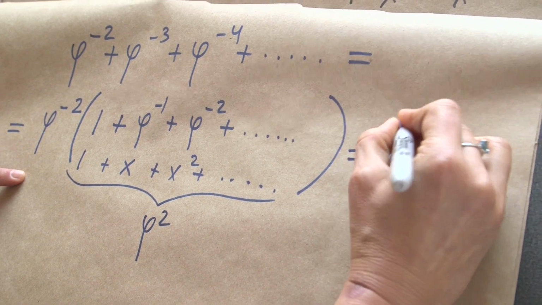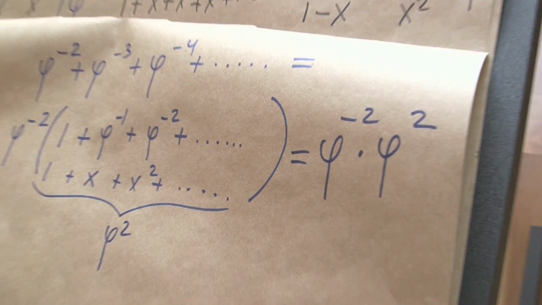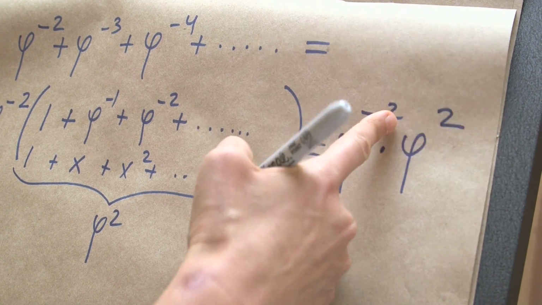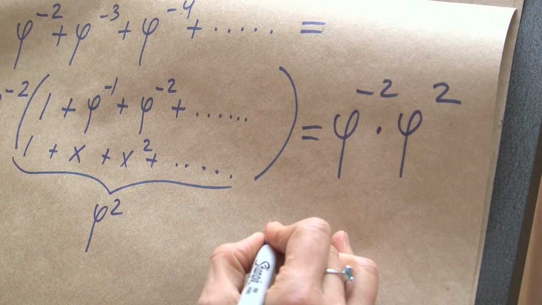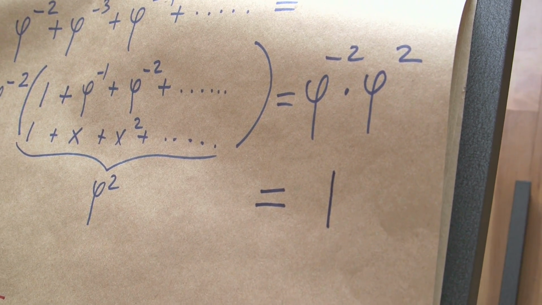So what is everything under that line? It is phi to the negative 2 times phi squared. Well, that's just 1. All this computation to get 1 for adding up these infinitely many numbers underneath our line.